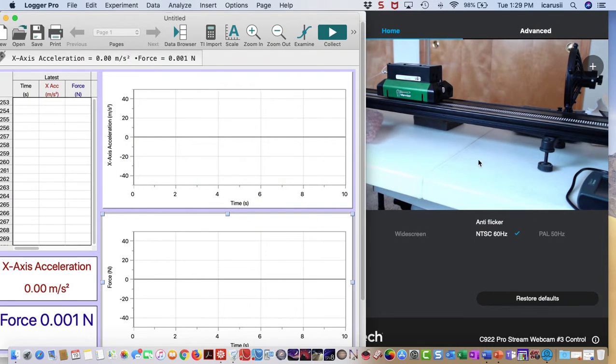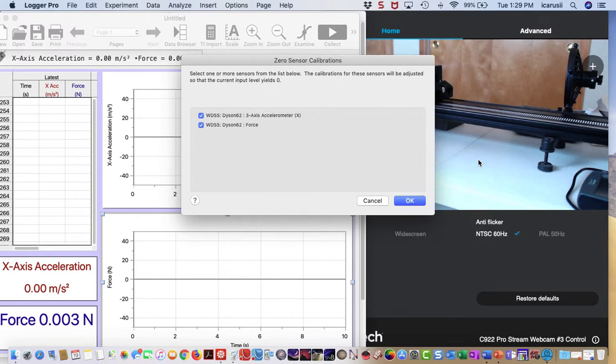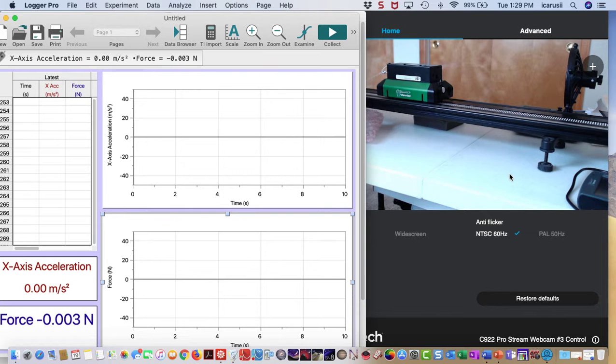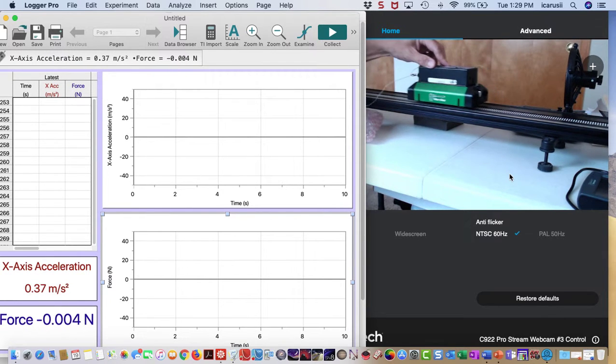And so I have my device. I'm going to zero my force sensor as planned. And there we go. And so now, again, going from 58, there we go, it's in the center, to 48. I'll go ahead and collect data.